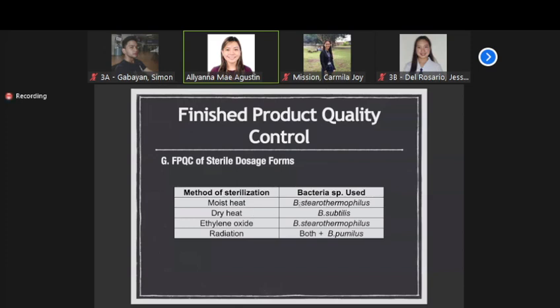Basically, class, you run these together with the autoclaving. After autoclaving, they should die. If they are still alive, meaning moist heat or the autoclave is not effective. Same goes for ethylene oxide and radiation. These bacteria should die for you to say that the sterilization process is effective.